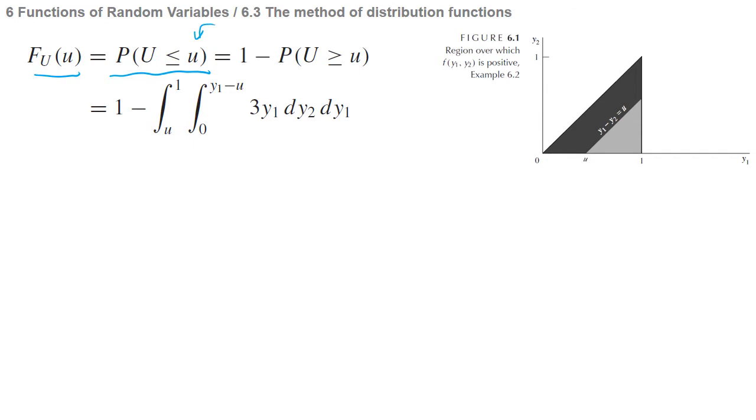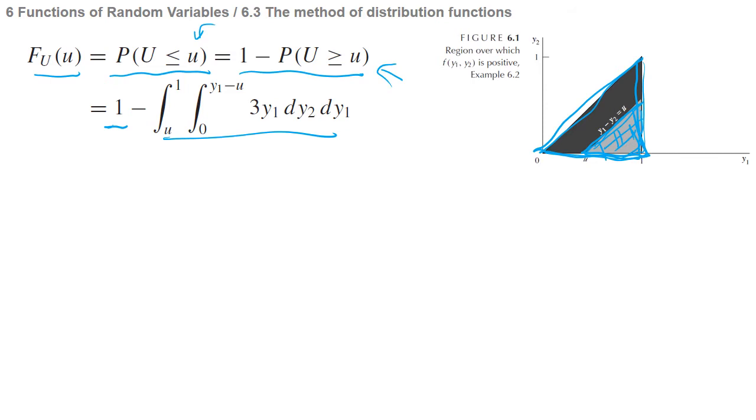However, it would be easier to calculate this one, which is 1 minus P of U larger than or equal to small u, so this one is integrating this one minus integrating this one, and integrating this one is 1, minus this one is integrating the density function over this region.